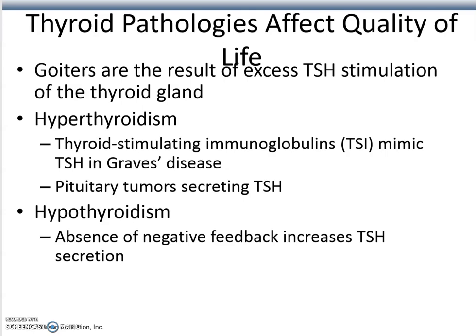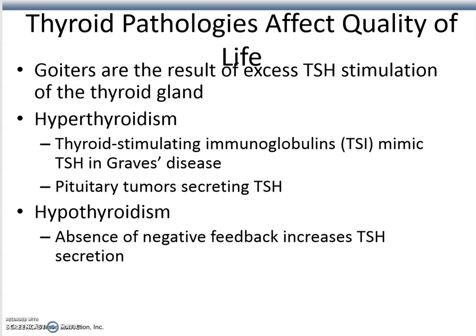Well, they should be low, because we're sending negative feedback all the time. Hey, we're having too much or plenty of thyroid hormone, so we don't need any TSH. So in Graves' disease, you would have low TSH levels, but you would find these TSH-like antibodies, and you would have tons of thyroid hormone in circulation.